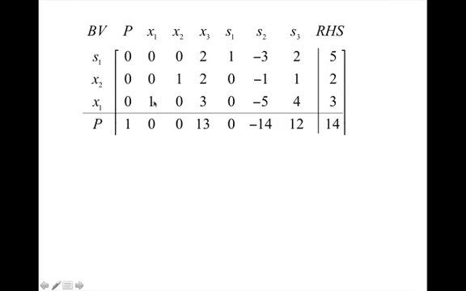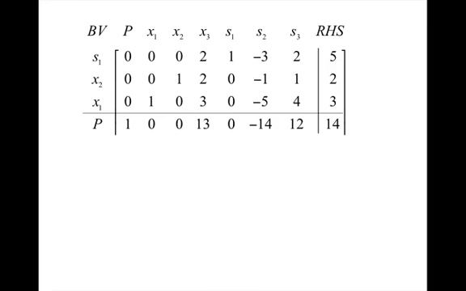The 1 is in row 3, so row 3's basic variable is x sub 1. My next identity column is under x sub 2. The 1 is in row 2, so row 2's basic variable is x sub 2. And the last identity column is under S sub 1. The 1 is in row 1, so row 1's basic variable is S sub 1.